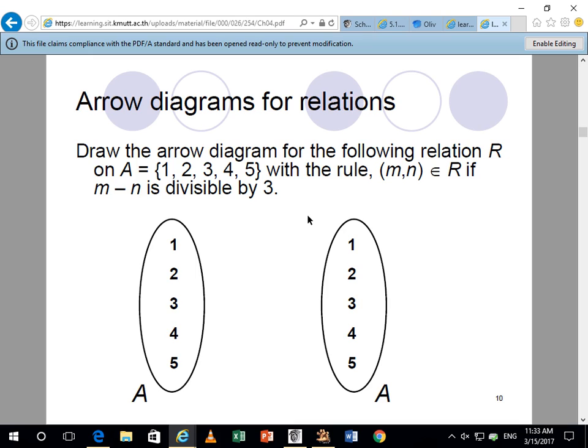So if I ask you to do this, do not draw two lines. Do not draw 1 to 1 and 1 to 4. Only pick one of them. If you want, you can pick 1 to 1.